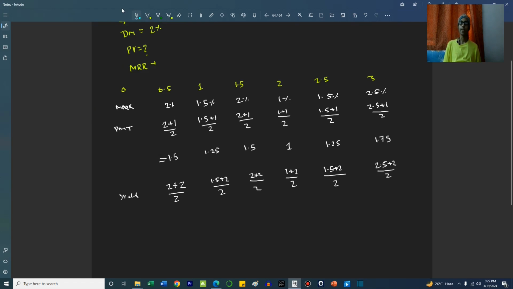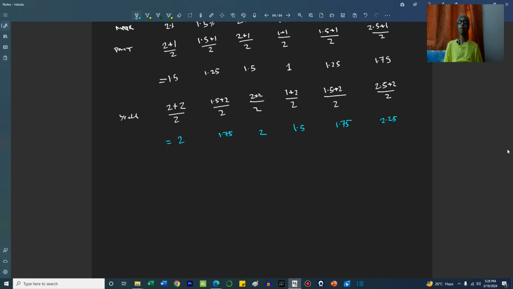These rates can be written as, this is equal to 2, this is equal to 1.75, this is again equal to 2, this is 1.5, 1.75, 2.25. Now here we have found out actually the PMT percentages, right?